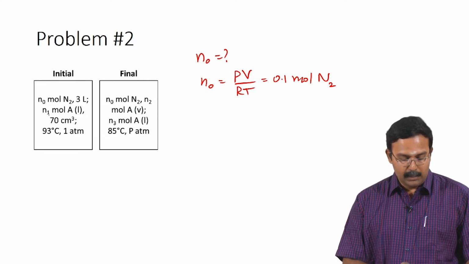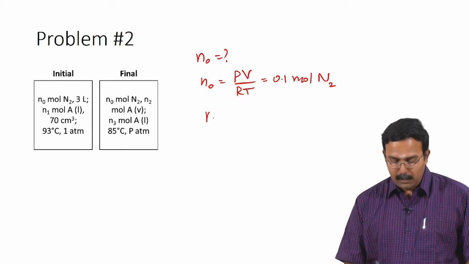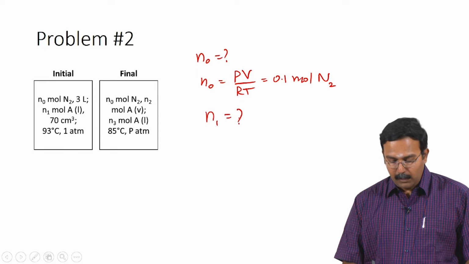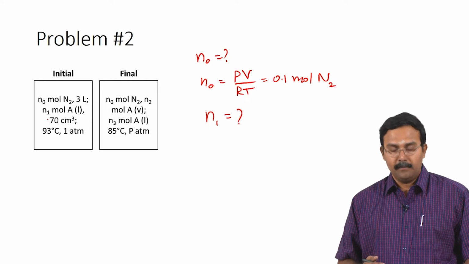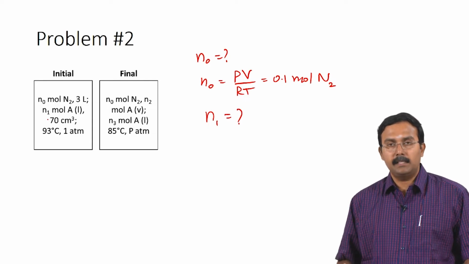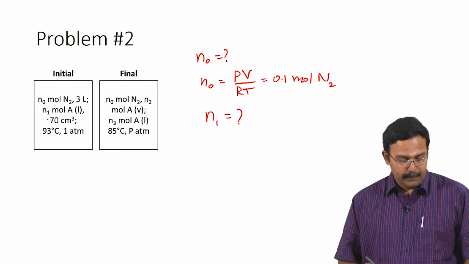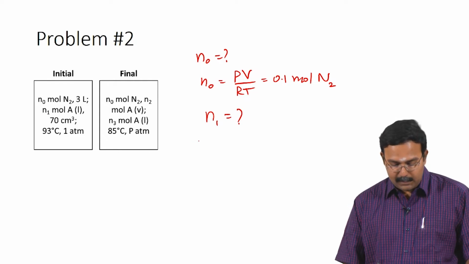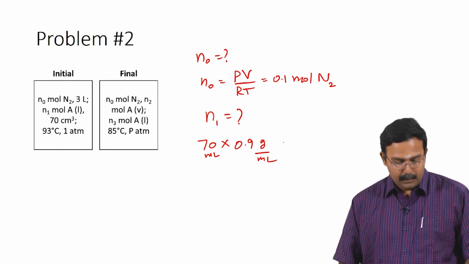We now have to calculate the number of moles of component A present in the liquid form in the initial condition, which is N1 moles. To calculate N1 moles, we have the volume and we have also been given the density of component A. Using that we can convert it into mass, and we have the molecular weight of component A, so we can calculate the number of moles. Let us first calculate the mass as volume times density: 70 ml times 0.9 grams per ml.